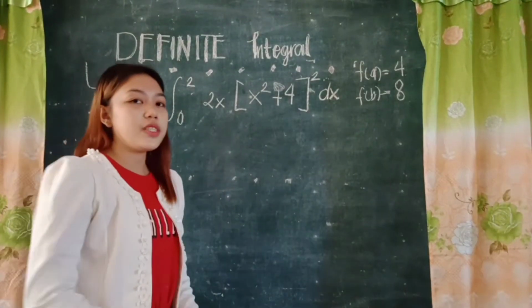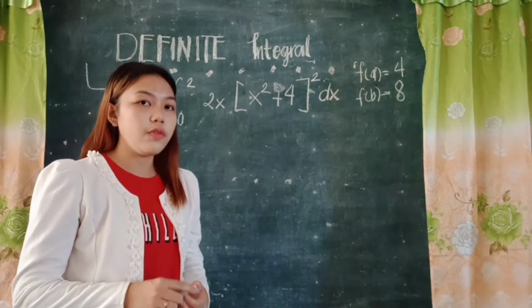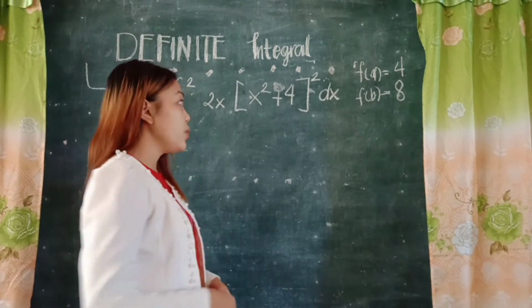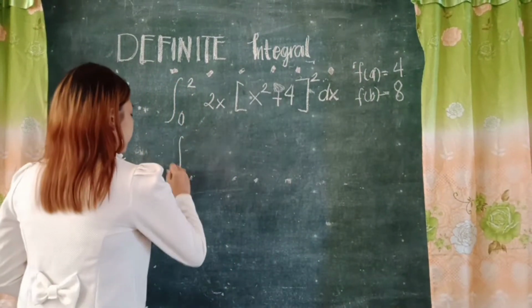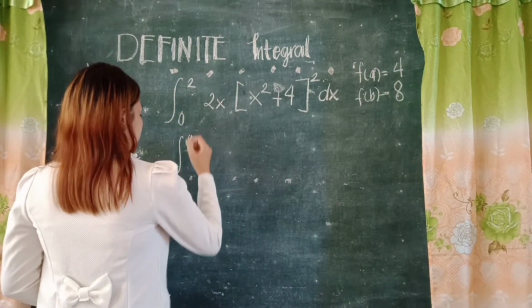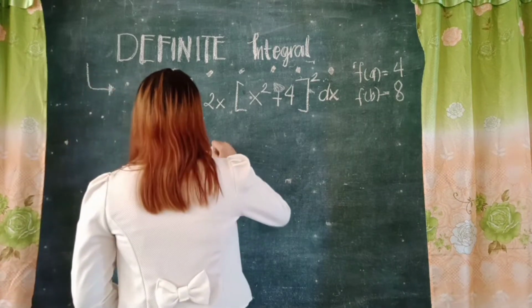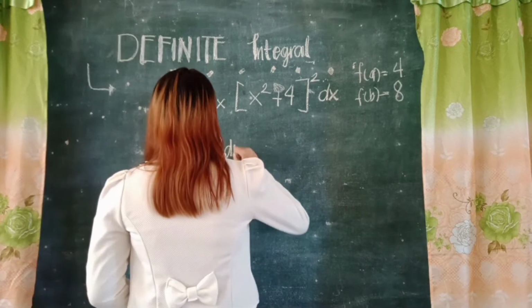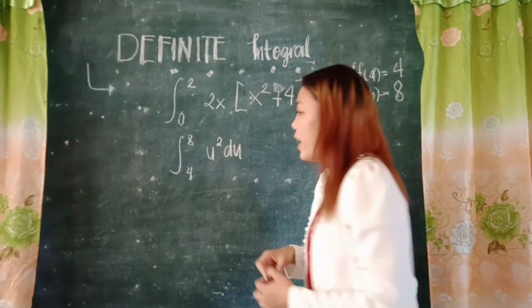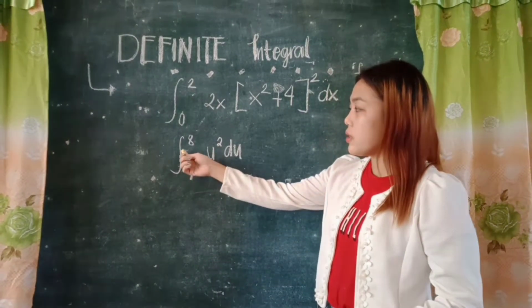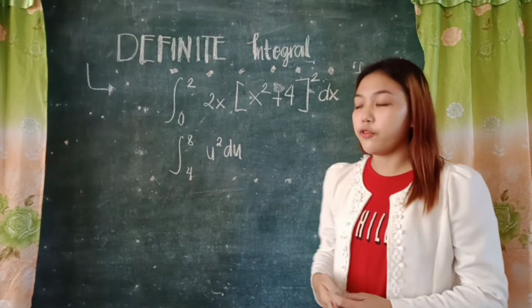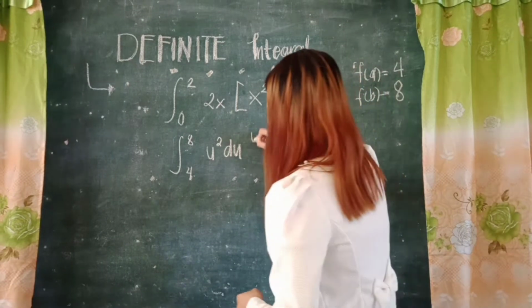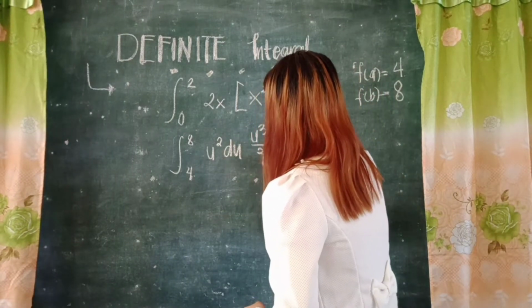So let us now proceed to our evaluation. For our evaluation, we will use the power rule, and that would be the integral of u squared du, with the upper limit 8 and the lower limit 4, equal to u cubed over 3.